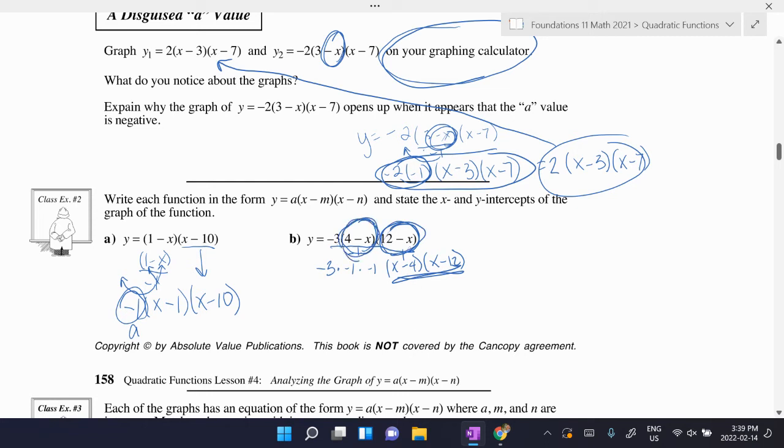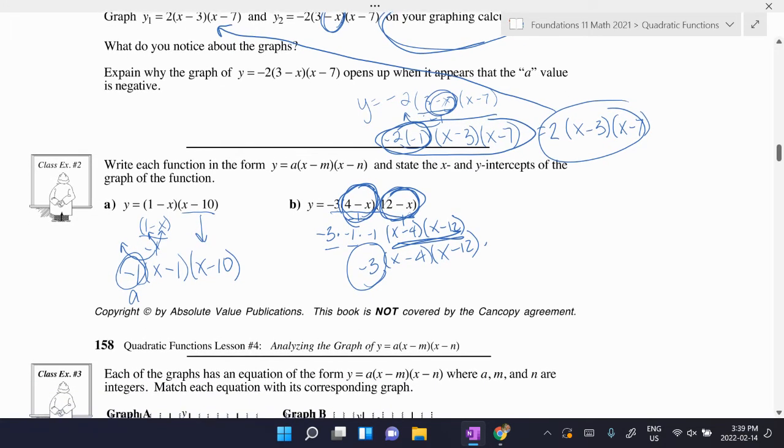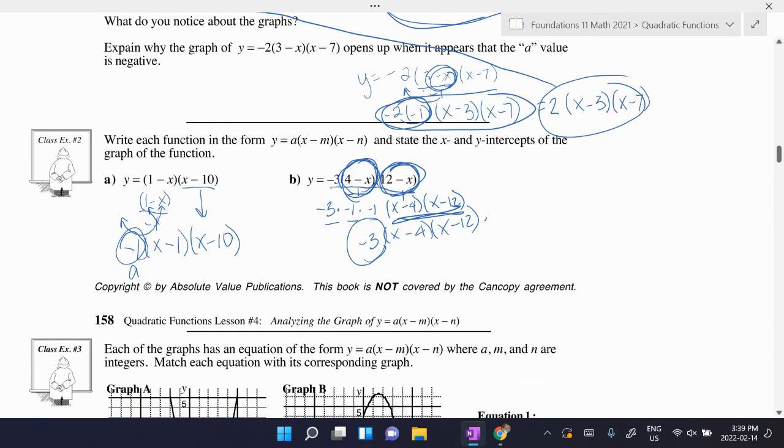So it switched positive and negative for each of them. If that still doesn't make sense, come and chat with me in our next class, okay? So negative 3 times negative 1 times negative 1, negative 3, x minus 4, x minus 12. Okay? This didn't change the a at all because you multiplied it twice by negative 1. Okay? It's got to be in the right form. x has to be positive.